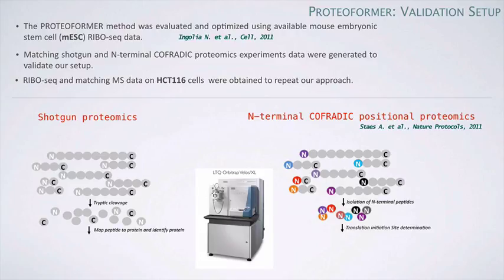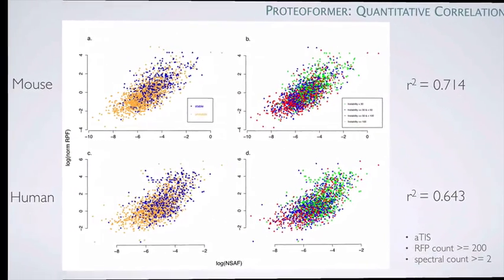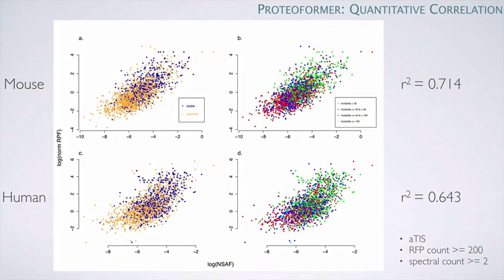We did that on two different cell lines from two different species, a human colorectal cancer cell line and a mouse embryonic stem cell line. This is just a plot, although correlation plots don't always say everything, to see whether ribosome profiling quantitatively correlates with spectral count-based measurements of mass spectrometry.